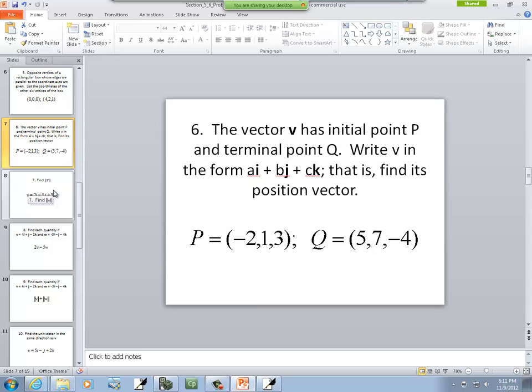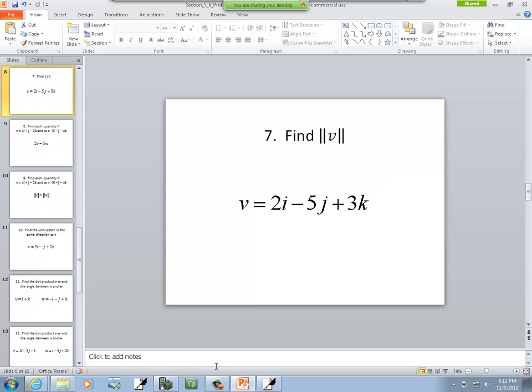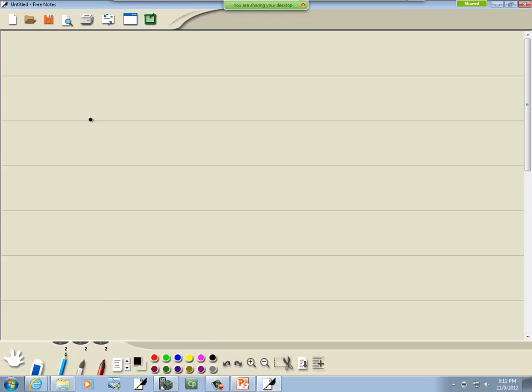Next one deals with magnitude. So let's refresh our memory on that. Now, considering, remember, magnitude is basically your length. You get your vector, which is ai plus bj plus ck.